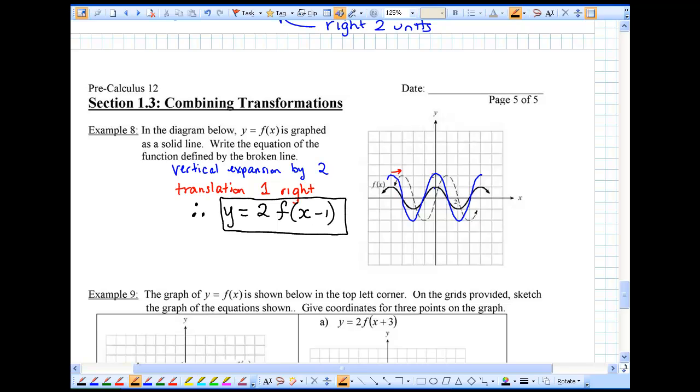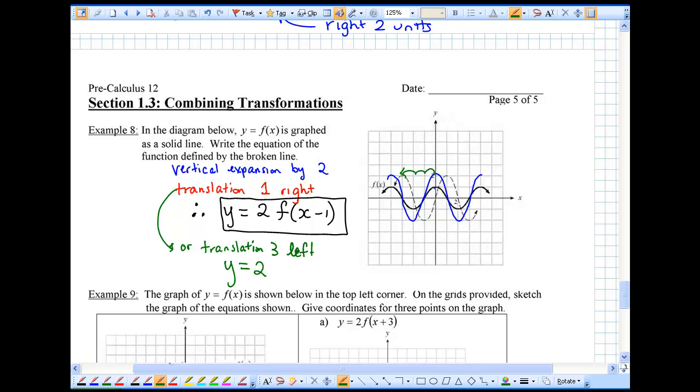Now, some of you will be thinking, Mr. Lee, why did you choose to go right 1 unit when perhaps you could have done this? You could have moved this point 1, 2, 3 units to the left. So this could have been also a translation 3 to the left. And if you did this, you would also be correct in this case. So 2 possible answers.